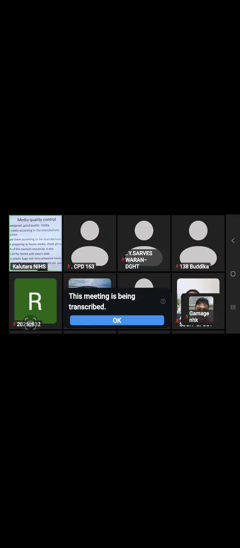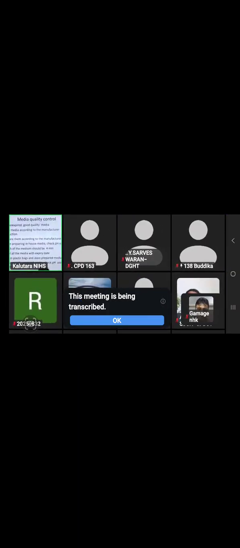When storing culture media, you have to follow the manufacturer's instructions. Most government laboratories use dehydrated powder to prepare culture media in-house, but the private sector mainly relies on commercially available culture media. When preparing in-house culture media, you have to check the pH value, and the depth of the culture medium should be 4 millimeters.